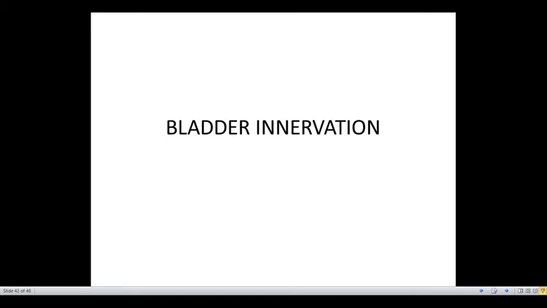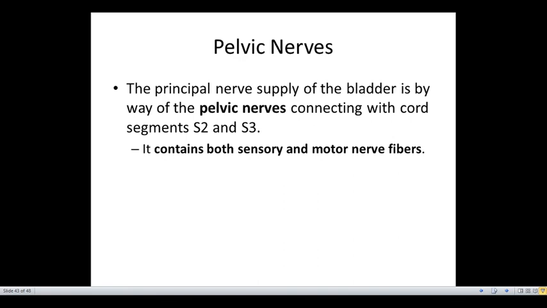Bladder innervation. The principal nerve supply of the bladder is by the pelvic nerves, connecting with the spinal cord segments S2 and S3. And remember, the pelvic nerves contain both sensory and motor nerve fibers.